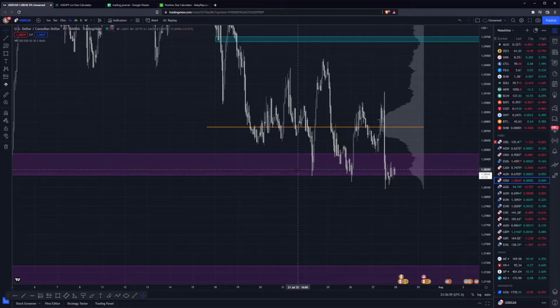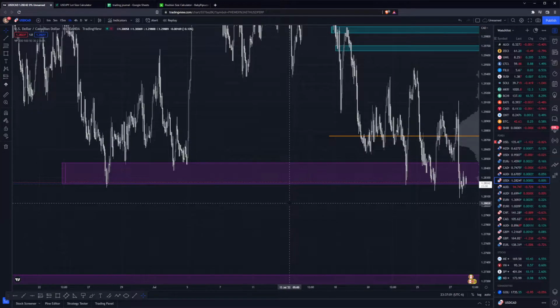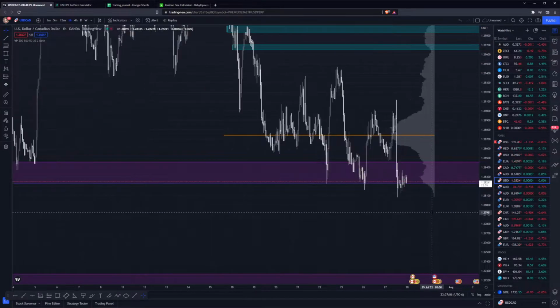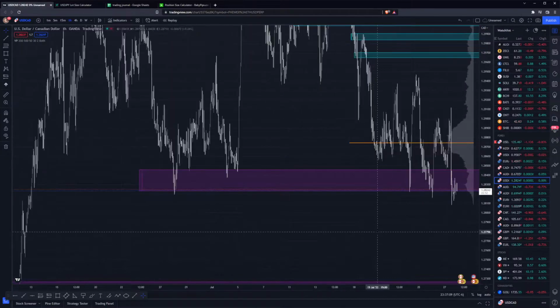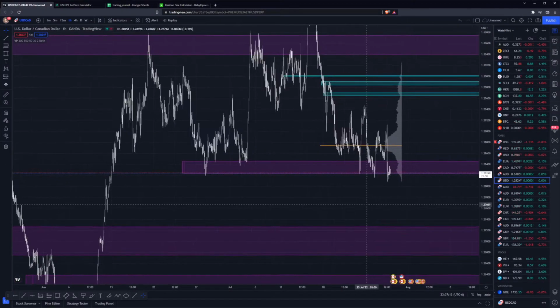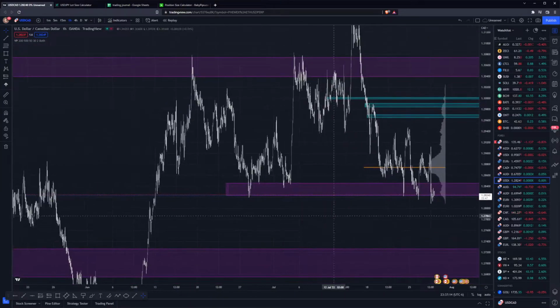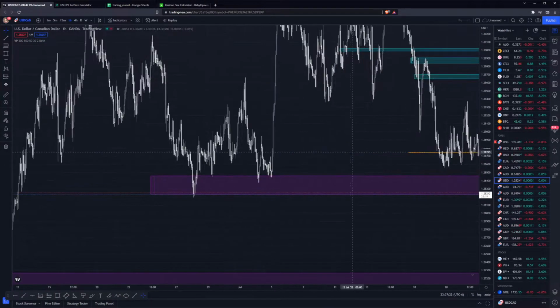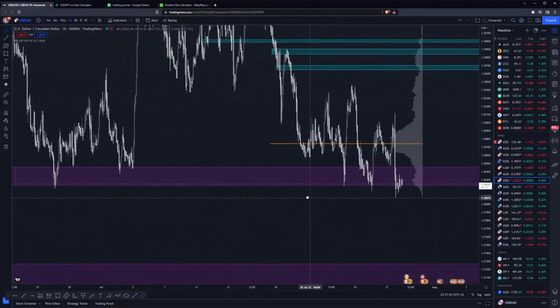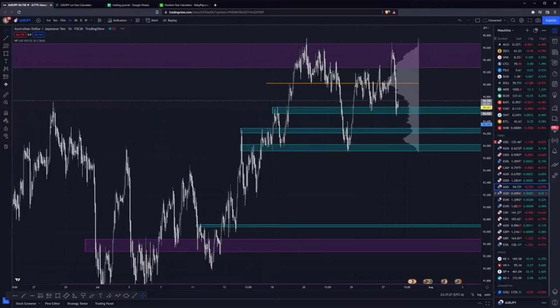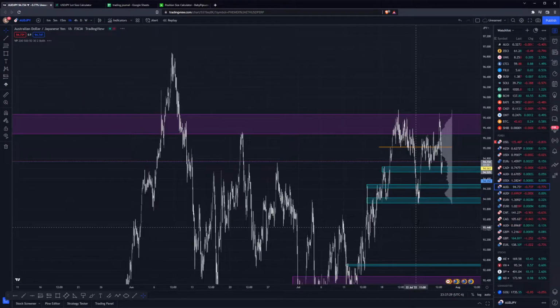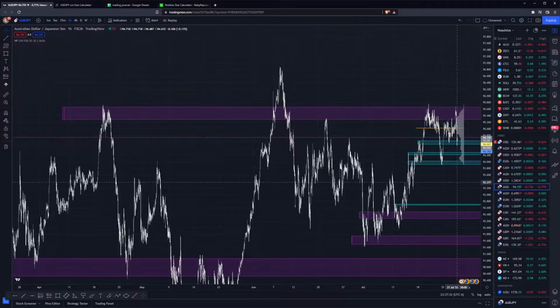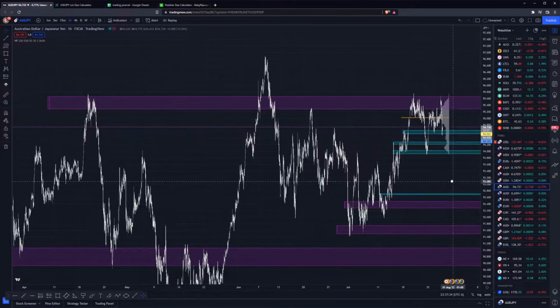These tops and bottoms aren't hard levels that price is always going to respect, and of course sometimes these zones just don't get respected at all, but they are a very good indication of where price may have a reversal. So I don't think there's anything here immediately, but let's move on to AUD JPY.